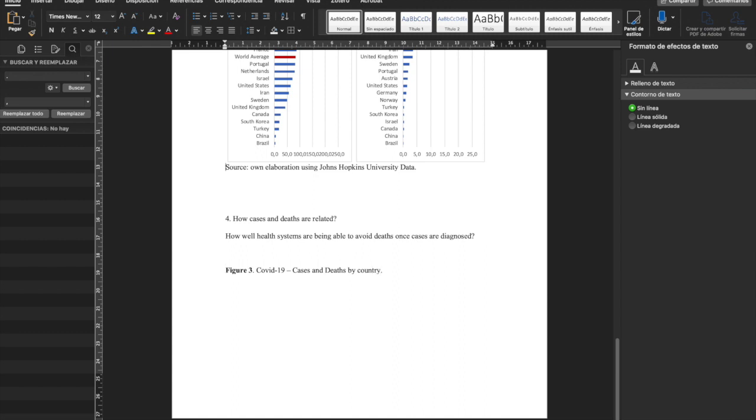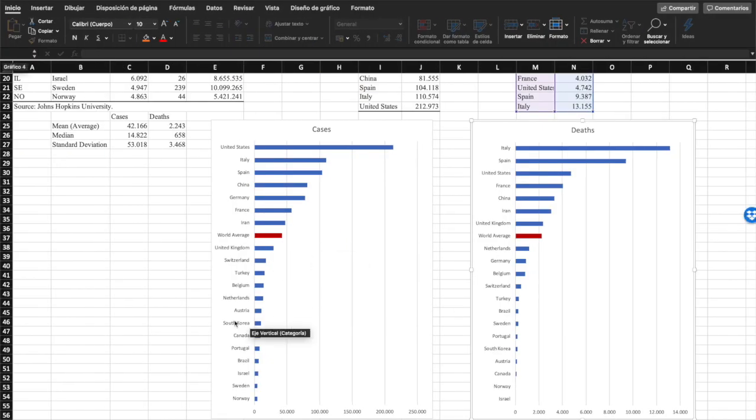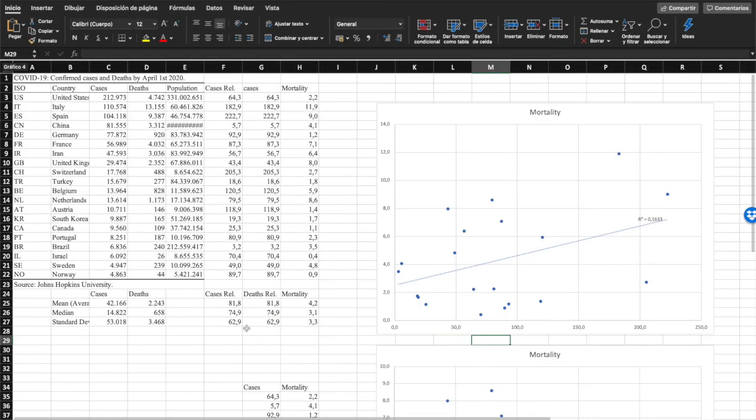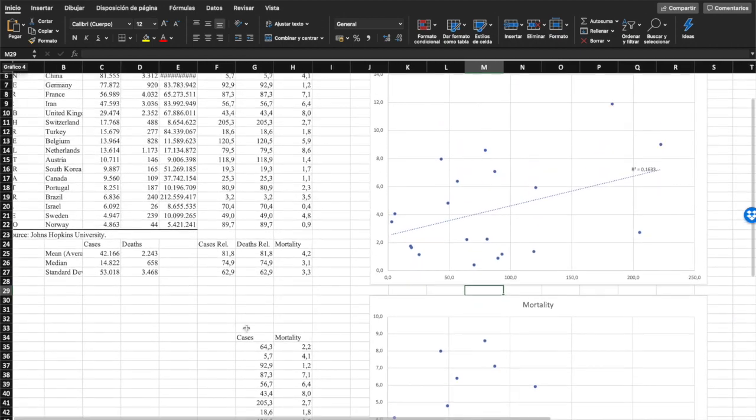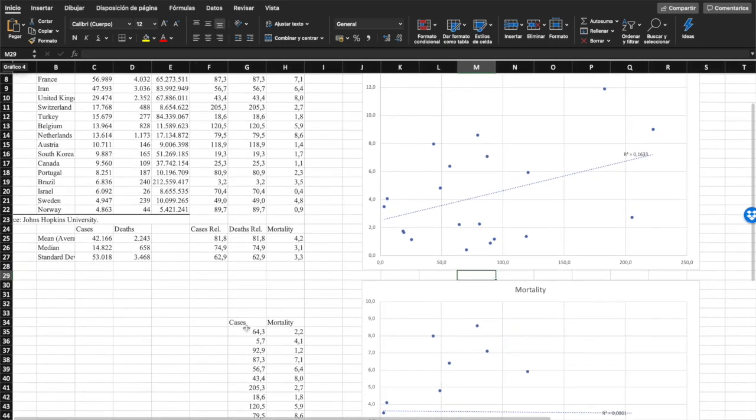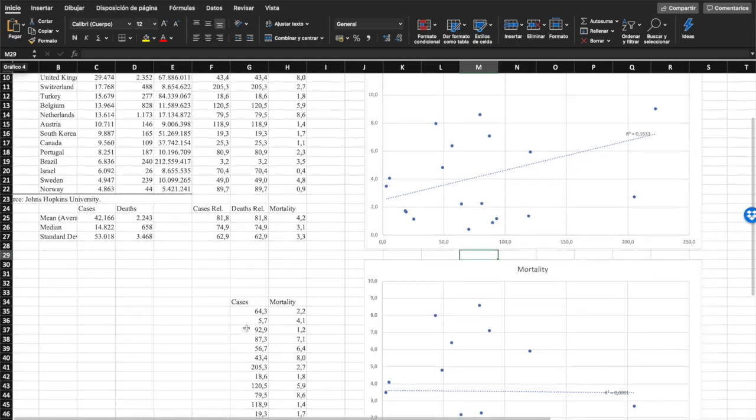And you should tell about the outliers of Spain and Italy being outliers, being cases that are so different from the rest that when they are taken out of the equation, they really show us a different pattern.